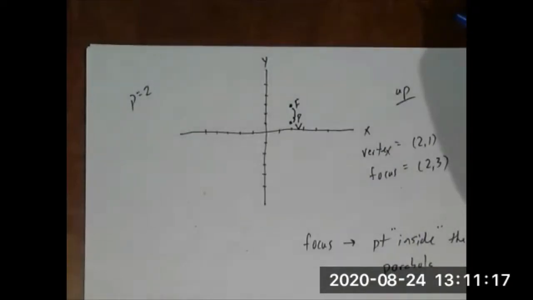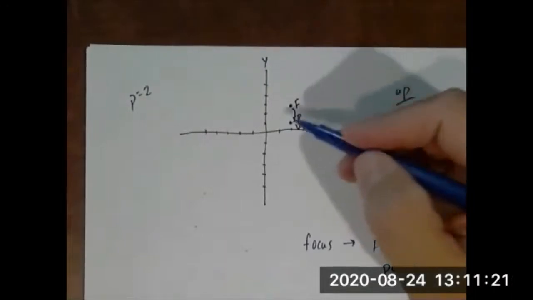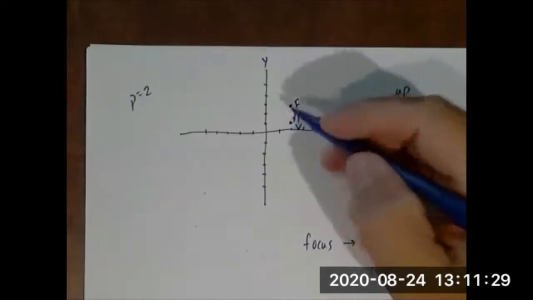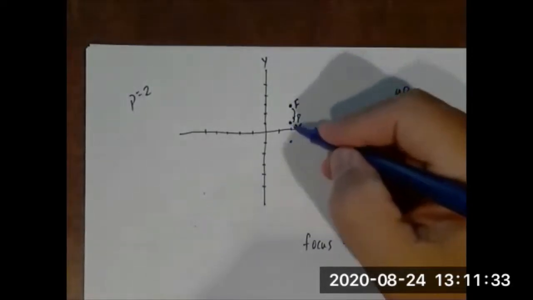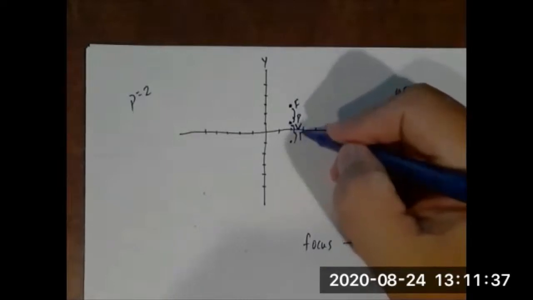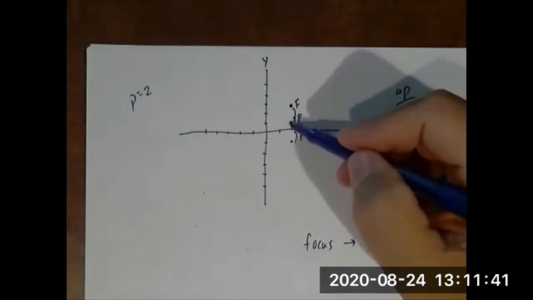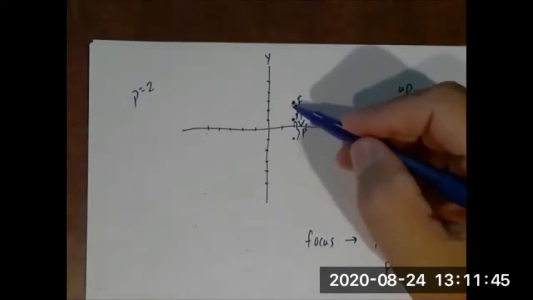The directrix is a line, and the way you find it, go back to our vertex and move in the opposite direction of the focus, by the same amount P. Once you have your vertex, in this case we moved up 2 to find the focus, because P is 2.